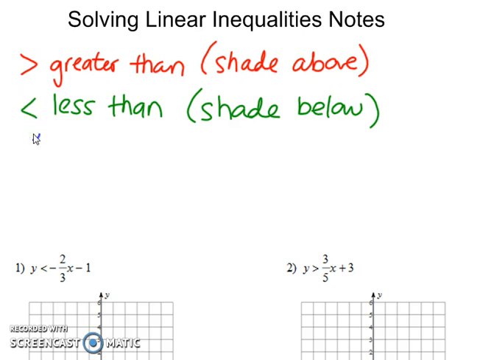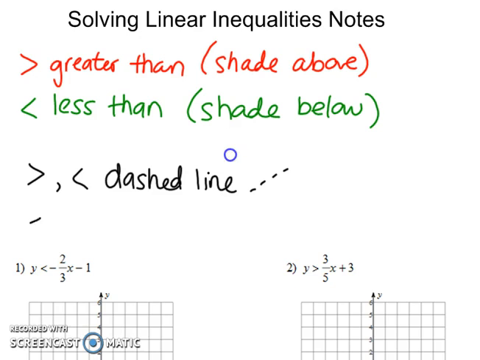If you have a greater than or a less than sign, that means you're going to have a dashed line. So what's that going to look like? You're going to have a dashed line like that. And if you have an equal to sign underneath it, like any of these, that means you're going to have a solid line.